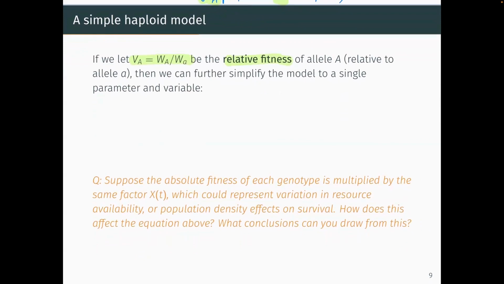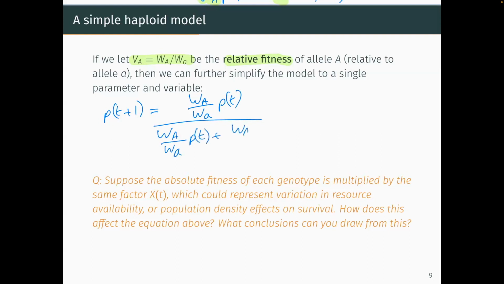So we can do a little bit more simplification here. If we just divide through by W sub little a, we'll end up with P in generation T plus 1 is equal to what we had previously, but divided by W sub little a everywhere. And then that very nicely cancels down.